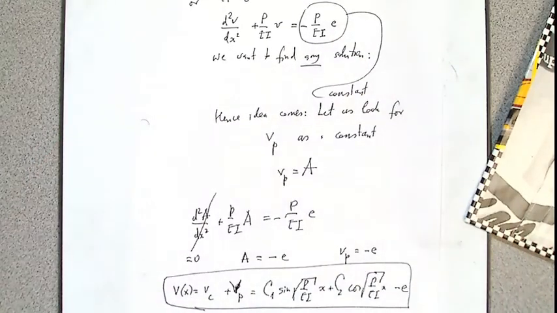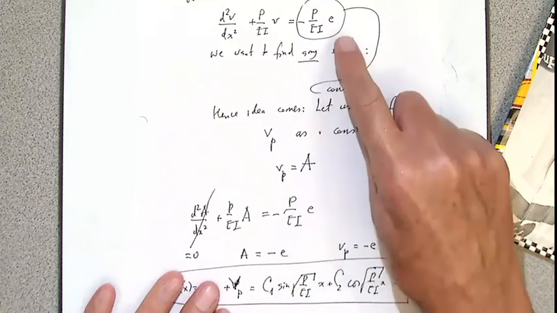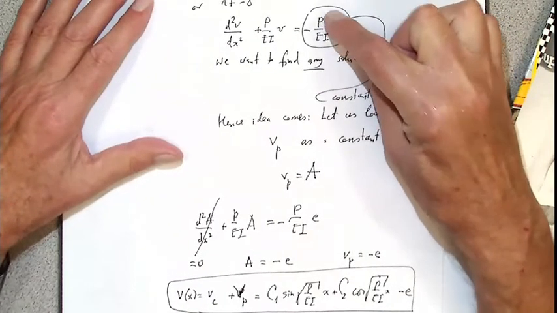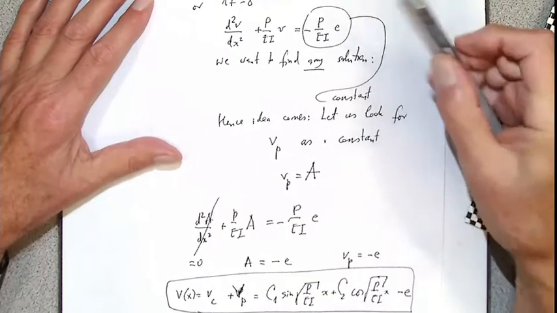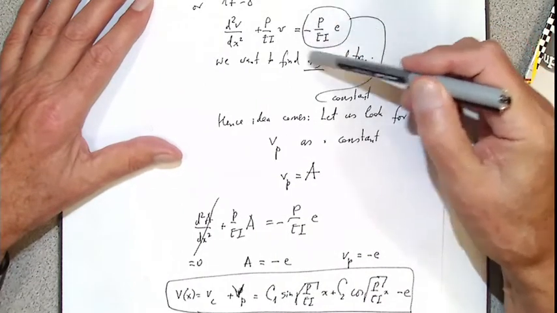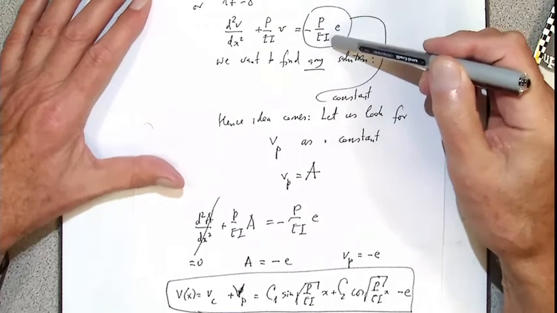We have a general solution that was derived before. And now we want to obtain some particular solution, any particular solution. And we said that because this is constant, P is a load, EI is a flexural rigidity, e is eccentricity, this is a minus sign. So this value is a constant.